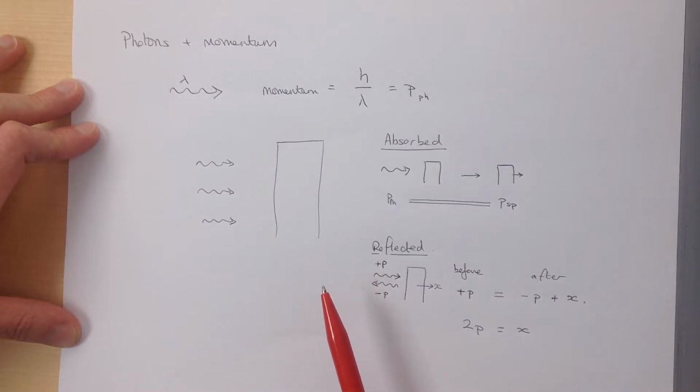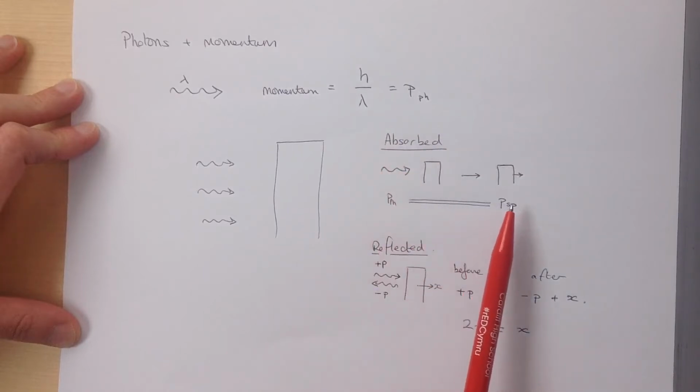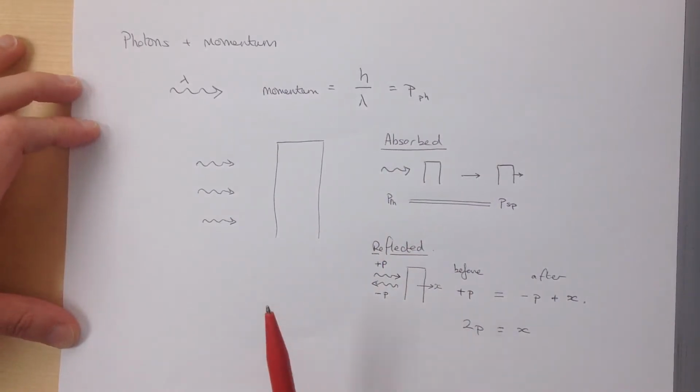And then what we find out is that because of Newton's third law, if this is minus 2p, then this has to be plus 2p. And so we get this case here. Now, depending on the wording of an exam question, if it was absorbed, it would just be a straightforward transfer of momentum. If it's reflected though, we've got to make sure we include this factor 2.